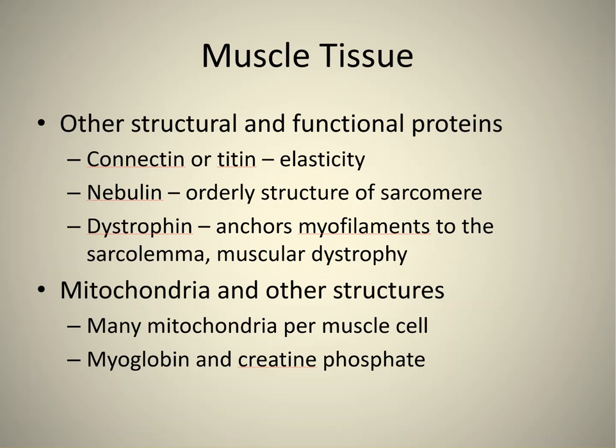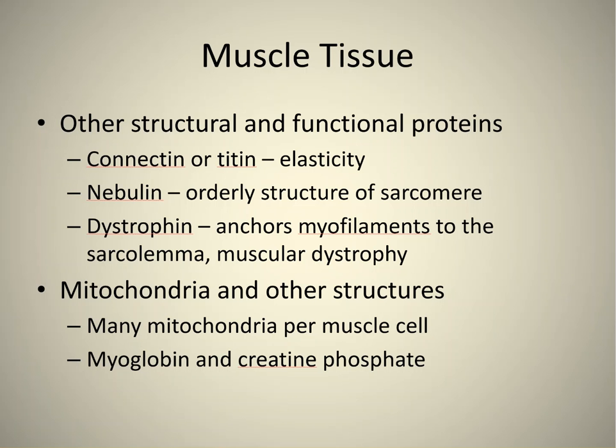Slide 14, let's look at other structural and functional proteins. As we mentioned, connectin or titin is elastic and allows the sarcomeres to pull apart once the contraction ends. We're going to learn how contraction starts, and it's also important to learn how contraction ends.